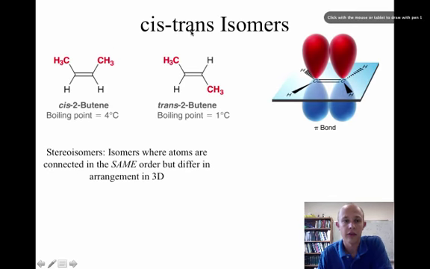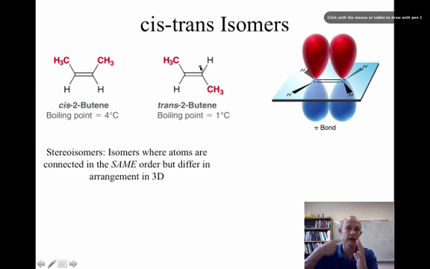Another example of stereoisomers are these cis-trans isomers. Notice the methyls are together here, they're opposite here, but we still have carbon, carbon, carbon, carbon, carbon, carbon, carbon, carbon. The hydrogens are bonded in the same order, so we have the same order of connectivity, different arrangement in three-dimensional space. Remember, unlike ethane, once we have a double bond, we have this pi bond that restricts rotation.